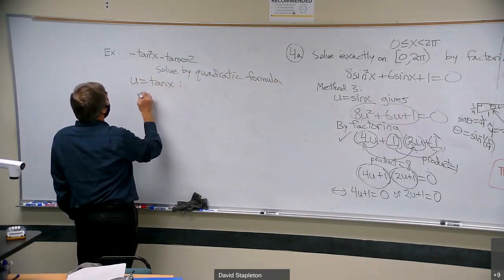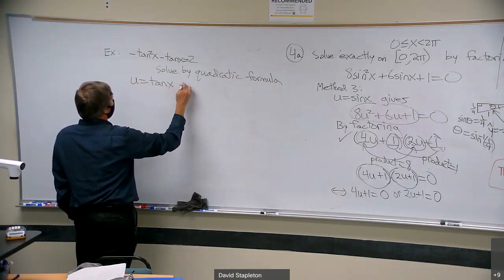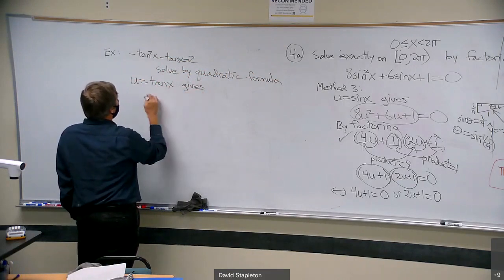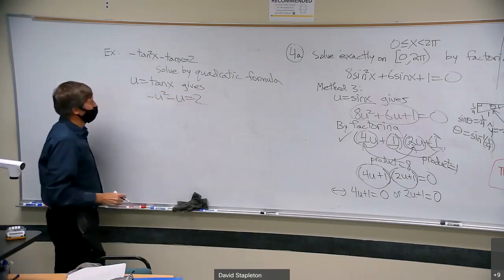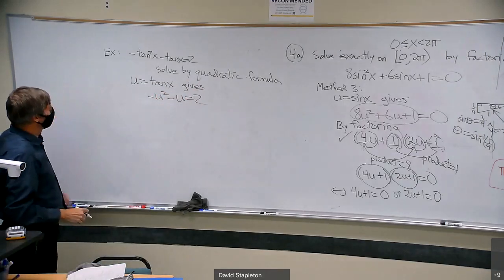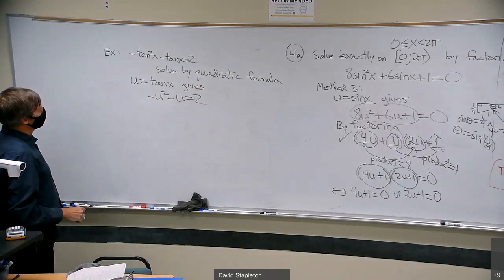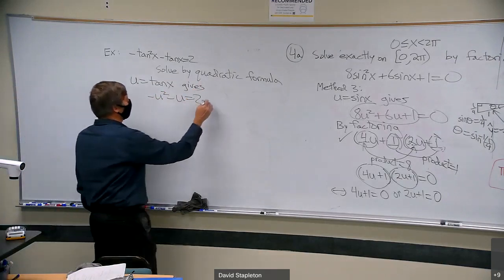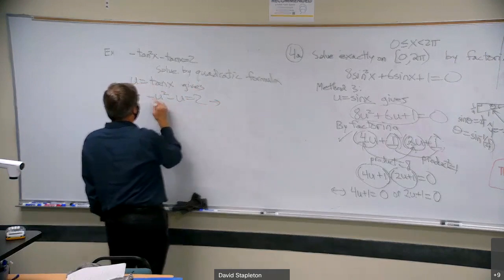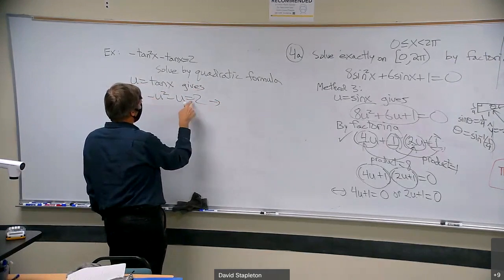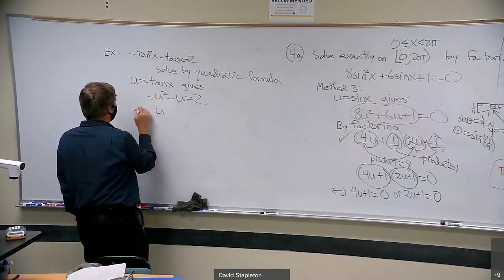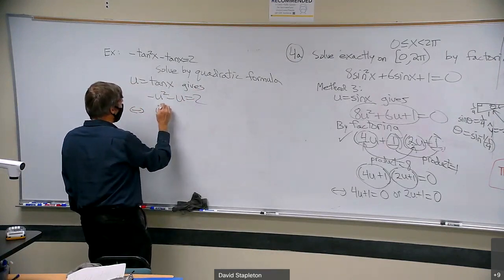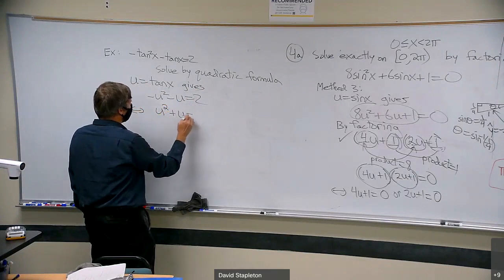From that, minus u squared minus u equals 2. Now you might be tempted to say, where's the quadratic formula? Here a equals -1, b equals -1. Well, let's get rid of those minuses. Let's call it equivalently by multiplying through by -1: u squared plus u equals -2.